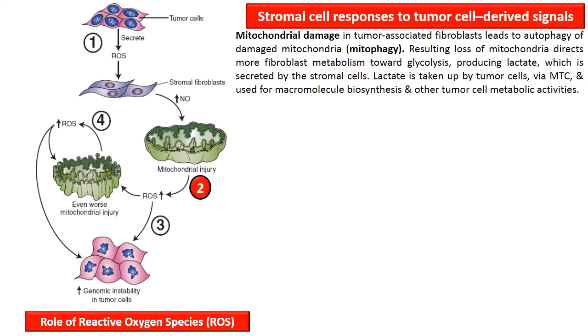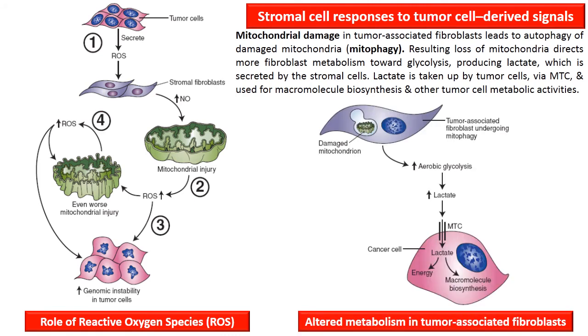As a result of mitochondrial injury, there will be further increase of reactive oxygen species that will be taken up by the tumor cells, and it will result in increased genomic instability in the tumor cells. The increased concentration of reactive oxygen species further worsens the mitochondrial injury and may result in mitophagy.